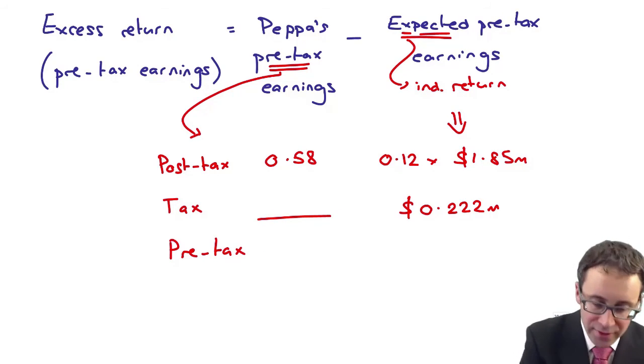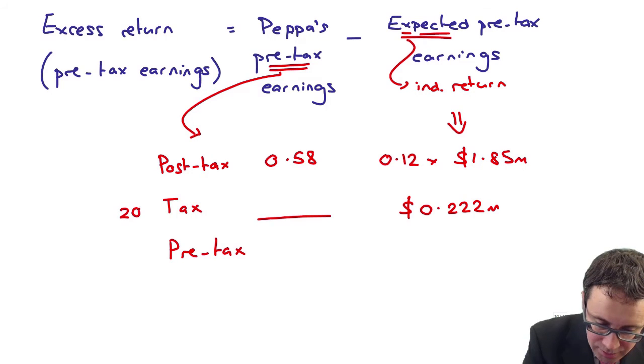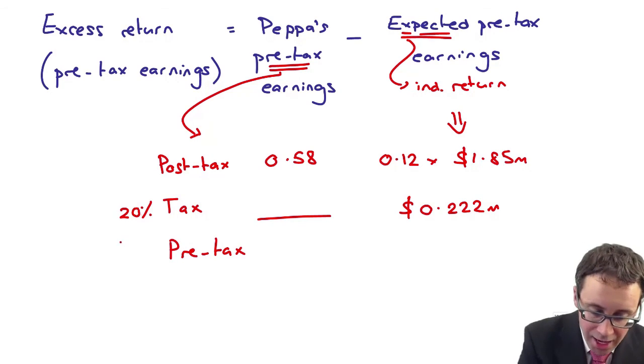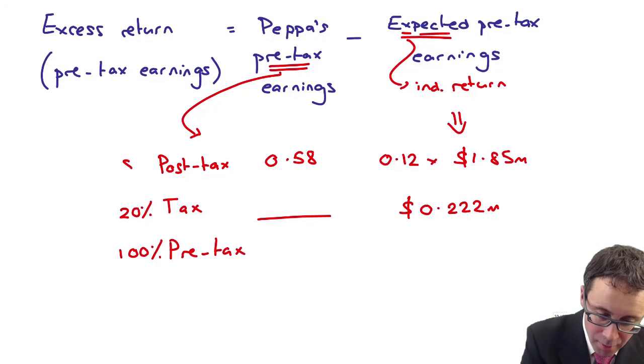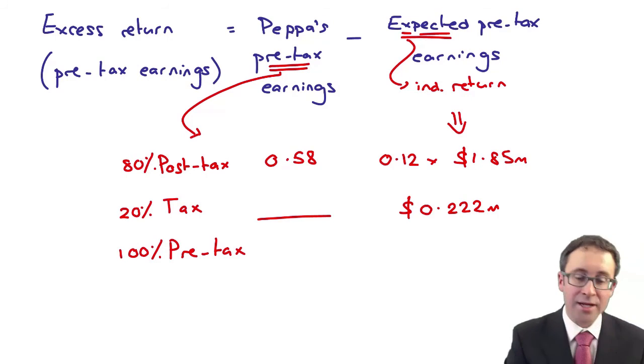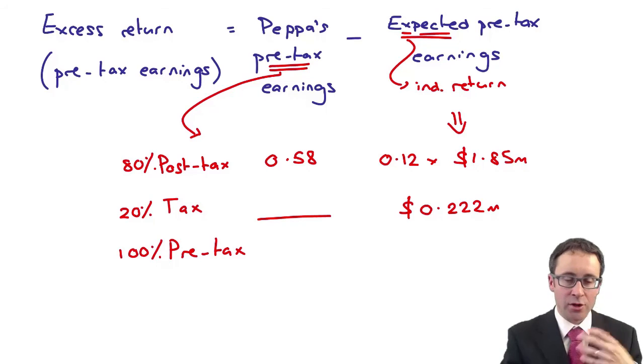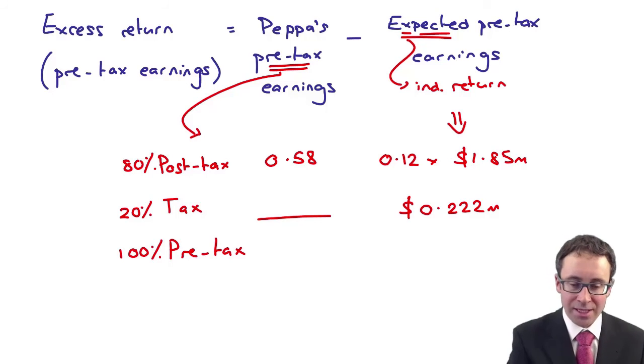Okay, well, if the tax is there at 20%, we will have applied 20%, won't we, to the pre-tax earnings to get our post-tax earnings. So those post-tax earnings equate, is it to 80%?